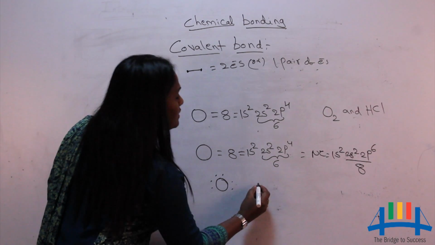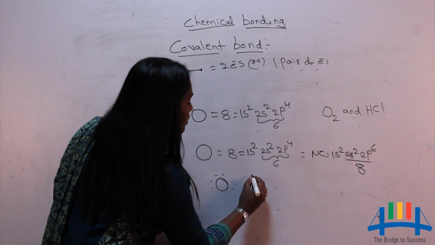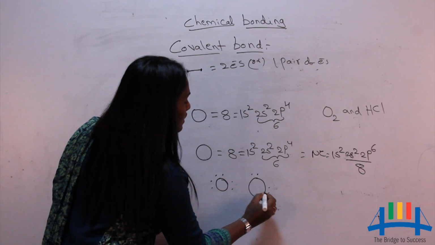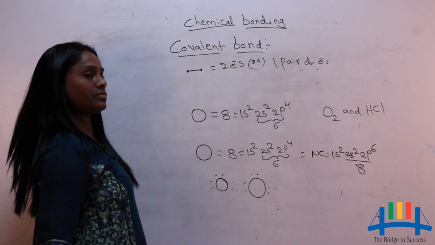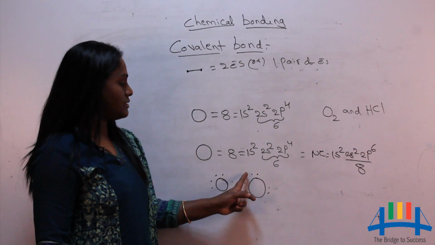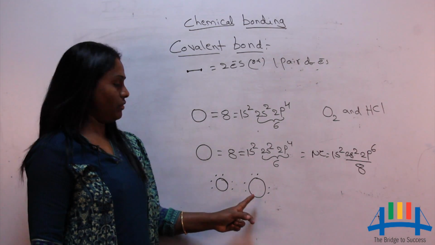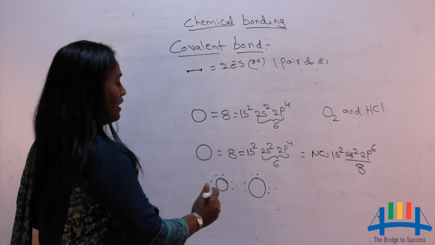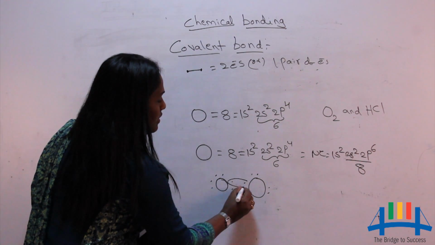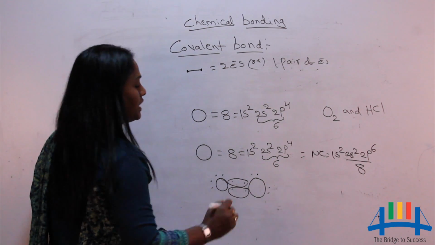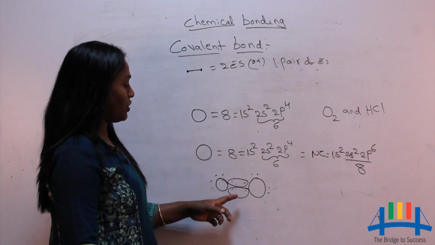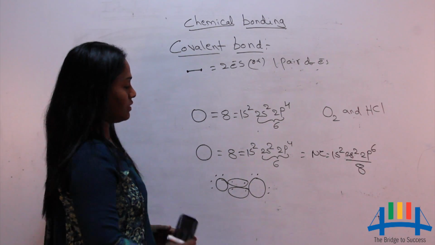One more oxygen is there. Draw the same Lewis dot structure; here you are getting 6 valence electrons. Now it will share 2 electrons because it wants 2 more electrons.